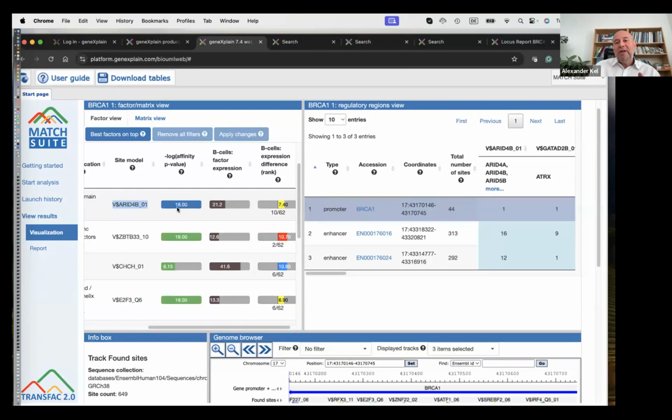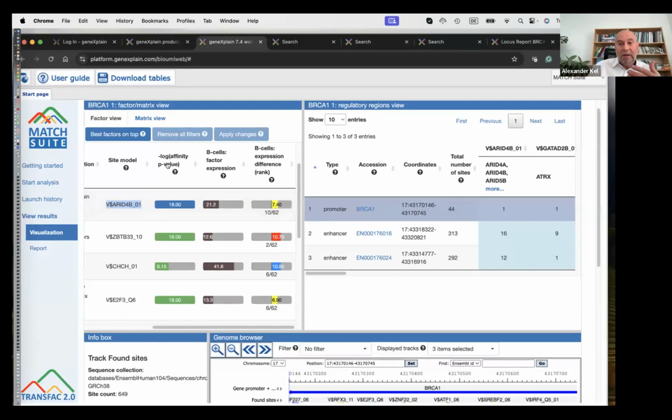So to estimate that enrichment, what we do, we actually not just count the binding sites which are above a particular threshold, but we consider the whole profile, how this affinity of that matrix, of that motif, is changing across the promoter. And then if this affinity profile is higher than usual, so higher than by random chance, we can estimate the p-value that this affinity to that factor is so different compared to the random sequences.